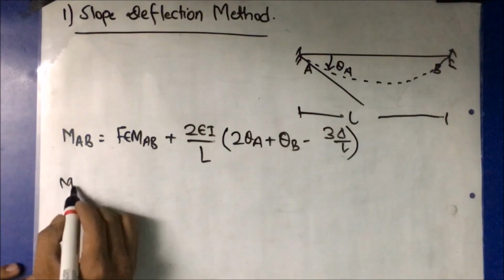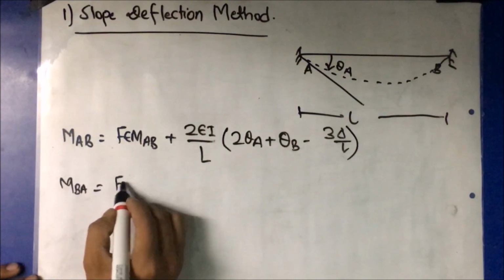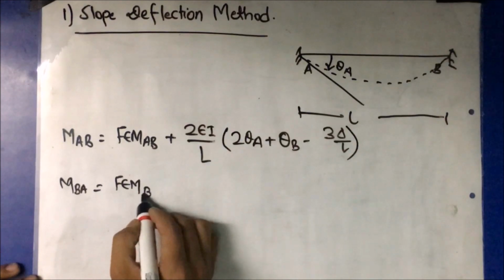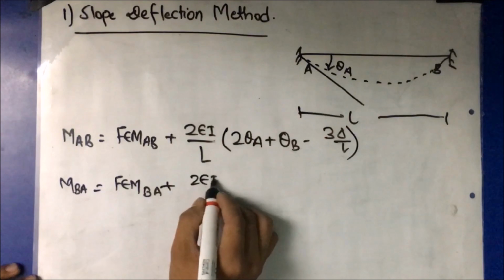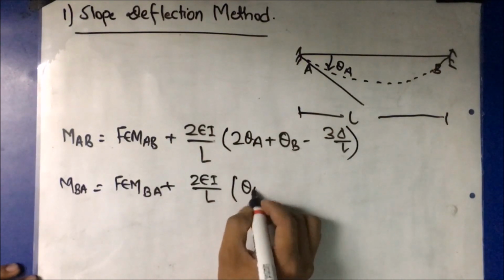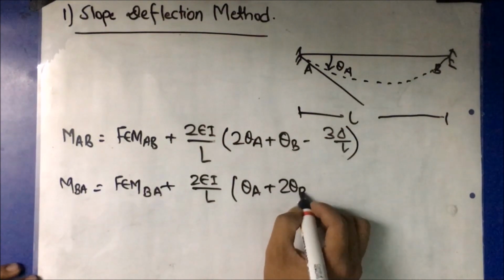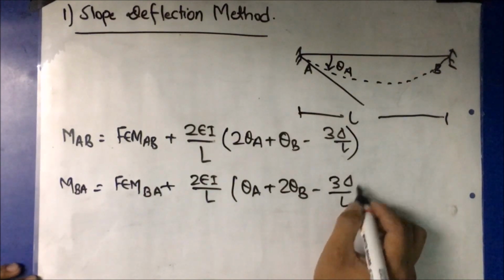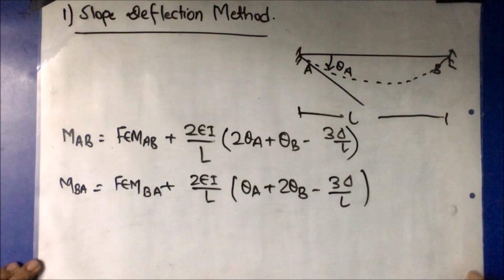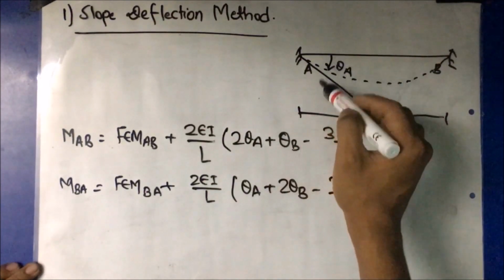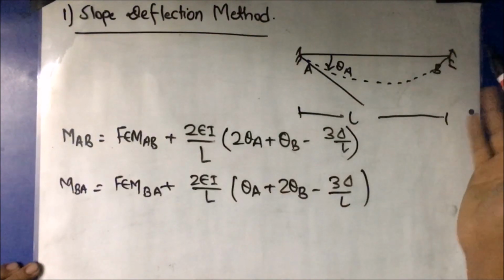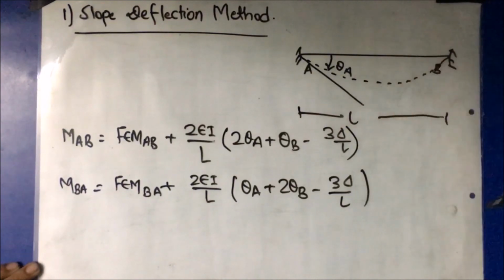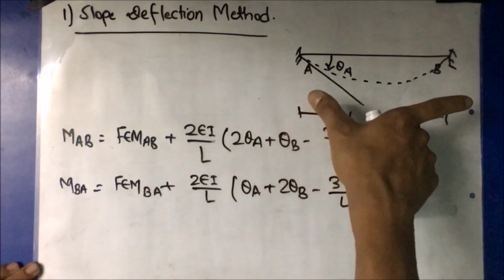And for BA, fixed end moment when end B is kept fixed, 2EI by L times theta A plus 2 theta B minus 3 delta by L. So this is the slope deflection equation, where delta is the deflection or displacement, theta A is the angle or rotation of end A, theta B is the rotation at end B, and L is the length of span.